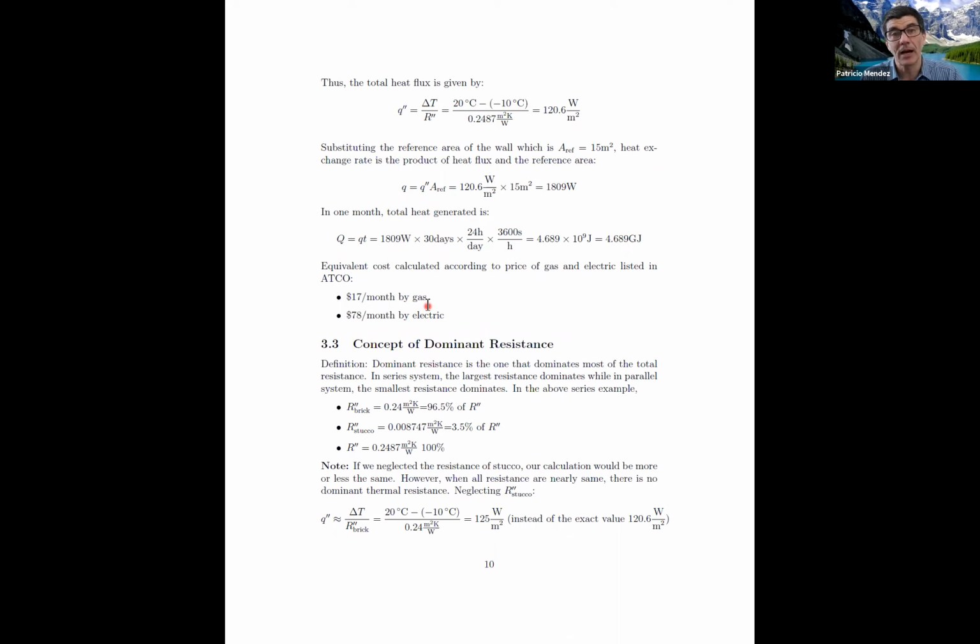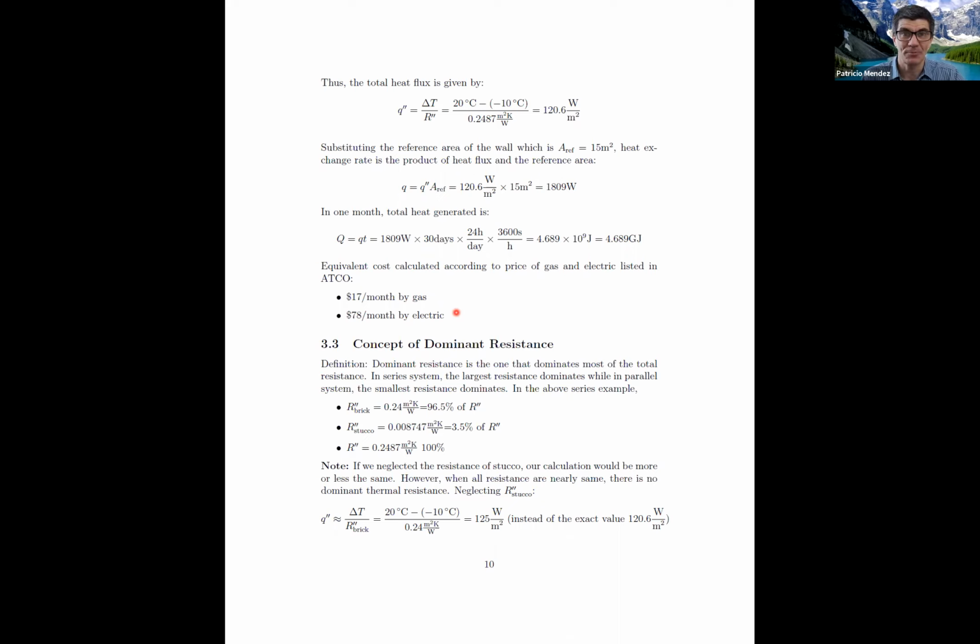And if we are heating up our house using electricity, which we don't do here in Alberta, and we should never do, it would cost us $78 per month. Electrical energy is so much more expensive than thermal energy. I think it's crazy that we use electricity in most of our ovens, right?